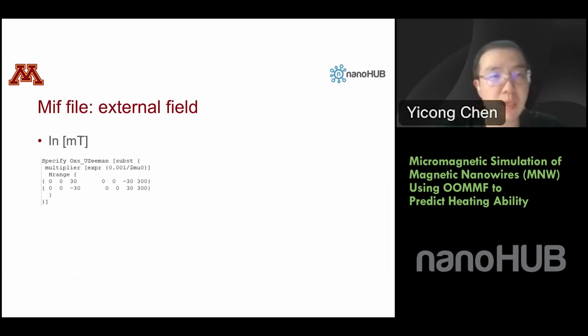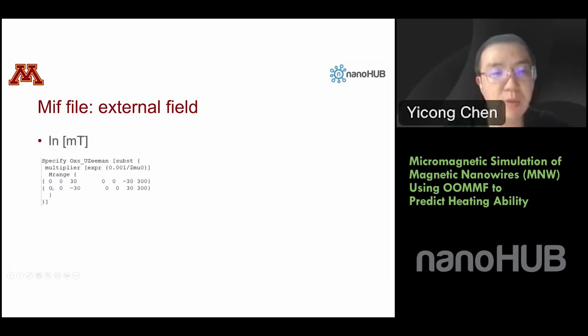Continue with the external field in the MIF file. For example, if you want to enter the external field in millitesla, we can first have this multiplier. Then in this H range function, you can see that there are several columns: 0, 0, 30 to 0, 0, negative 30.